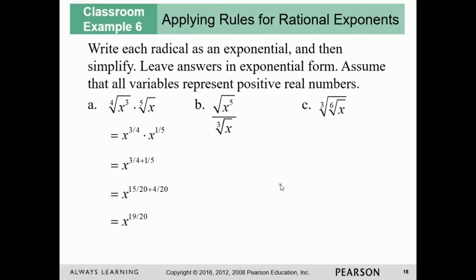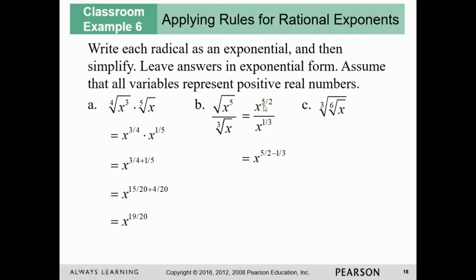Now first we've got to write this as an exponential. So we put the index of 2 into the denominator here, and we apply the 5 to the numerator. Here we put the index of 3 into the denominator. So remember, now we have a quotient of like bases.